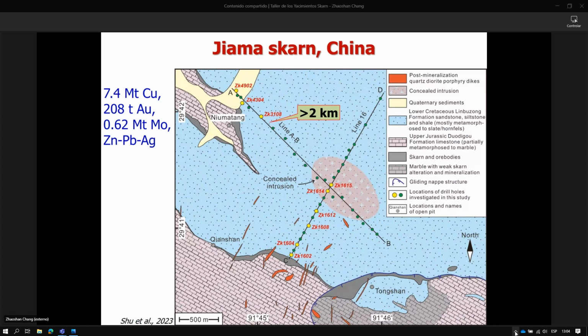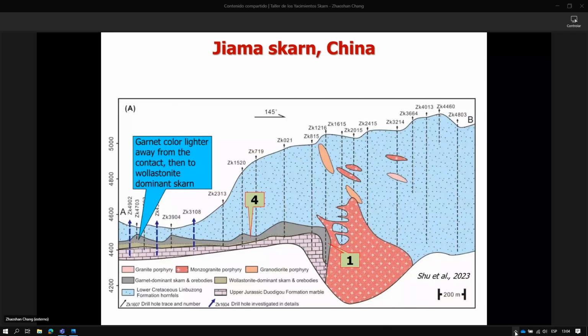You have to think this is a valley, so some of the skarn has already been eroded away. So the skarn system is a minimum of 2.5 kilometers, and this has been fully drilled out. And that's the cross section. The intrusion is here, then the calcareous hornfels, then the limestone, and along the boundary you see the skarn wrapping around the intrusion. So that's control number one.